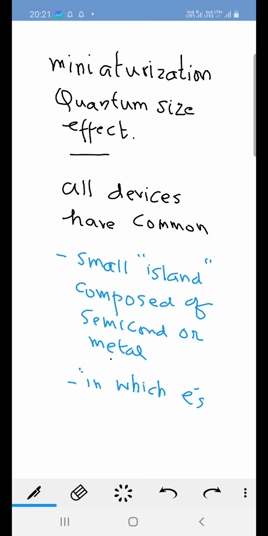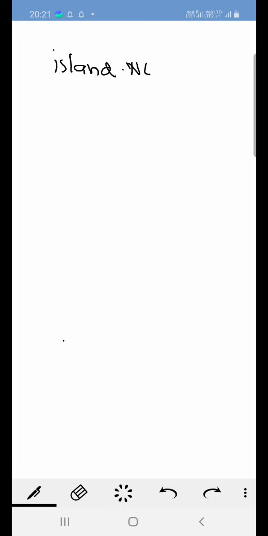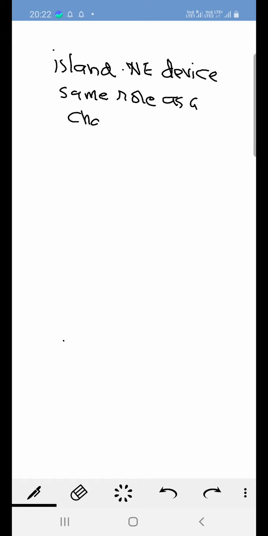Now, this island of a nanoelectronic device assumes a role analogous to that of a channel in a field effect transistor. Same role as a channel in an FET.